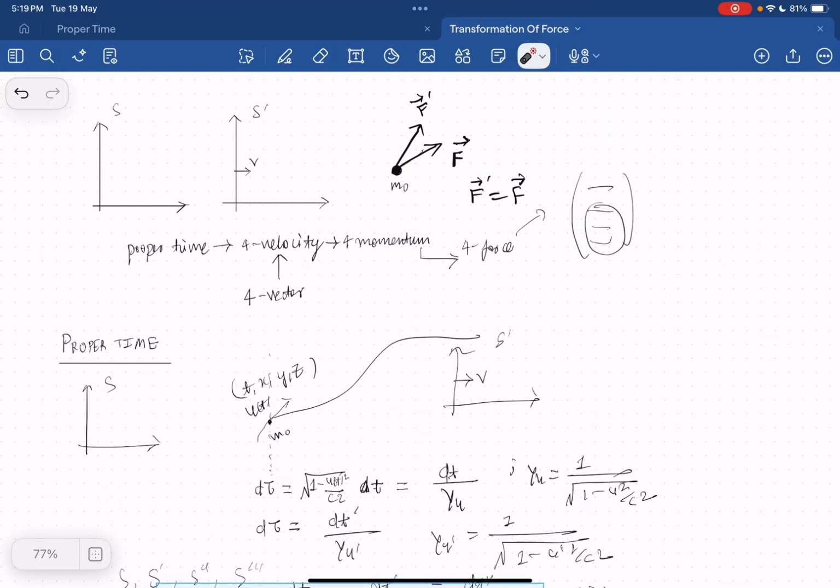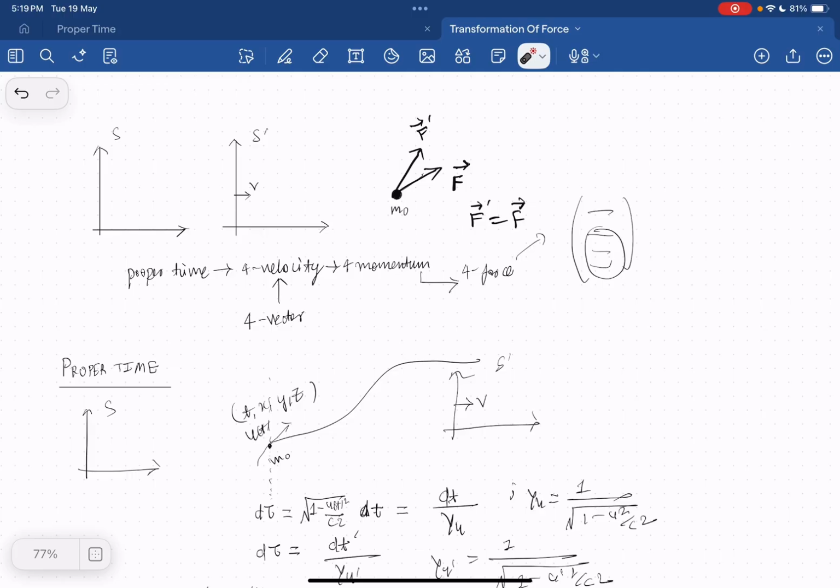So if with respect to frame S, the force vector is F, and we move to some other frame S prime, in which the observer sees the same force as F prime vector, then how are these two related? If you know vector F, how can you find vector F prime?